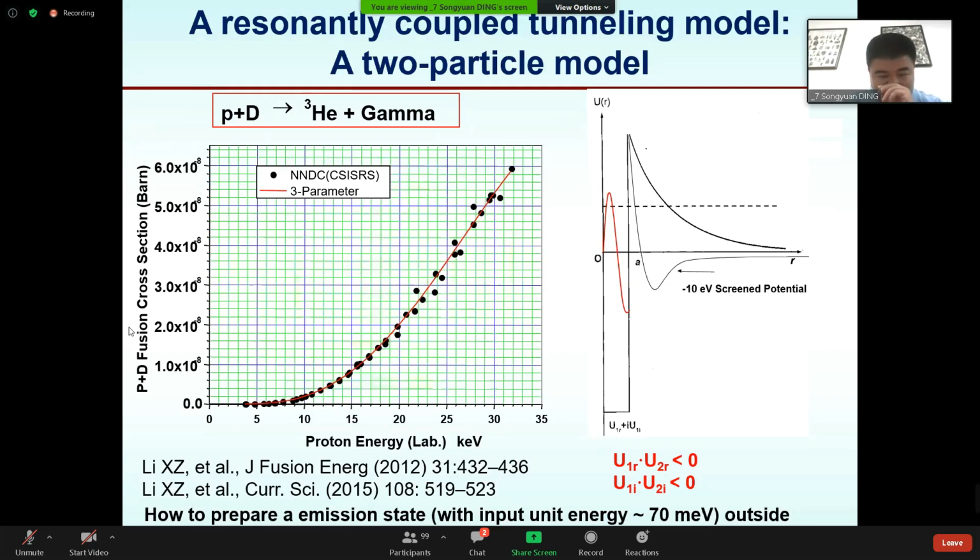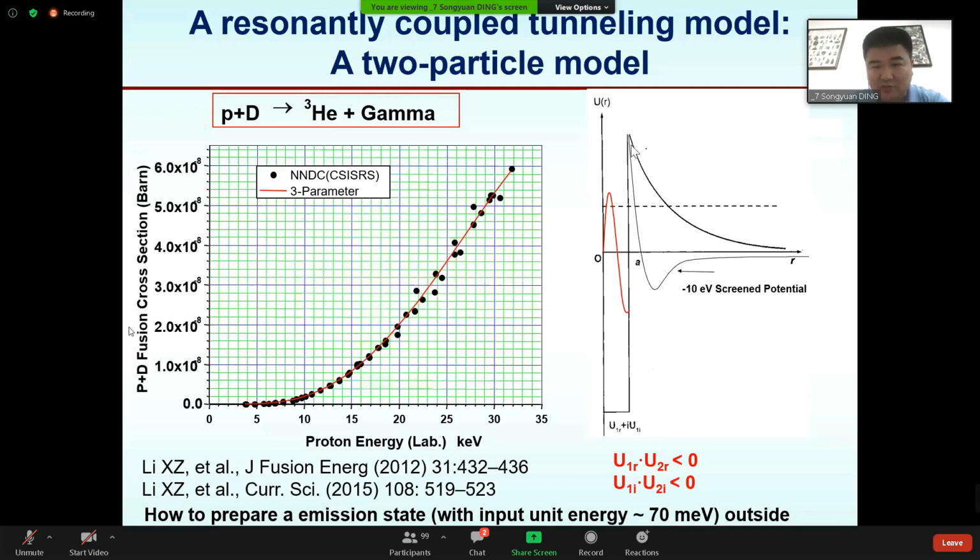He used this model to fit the hot fusion reactions, and the three parameters model makes sense.